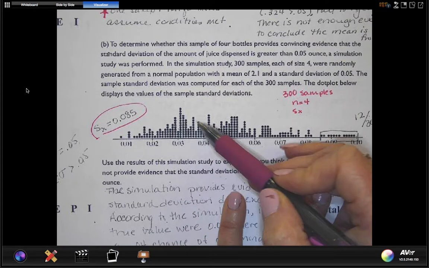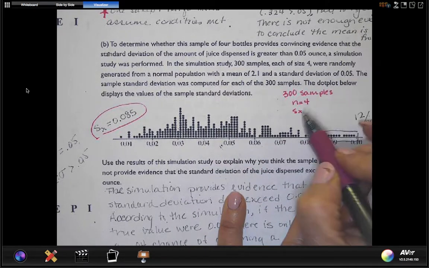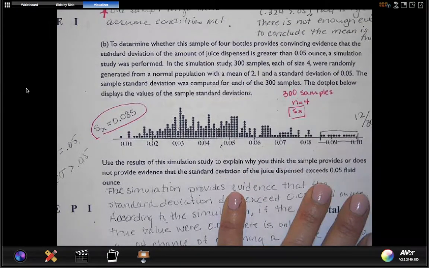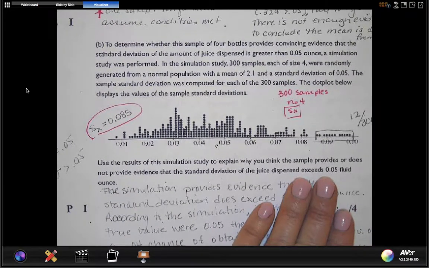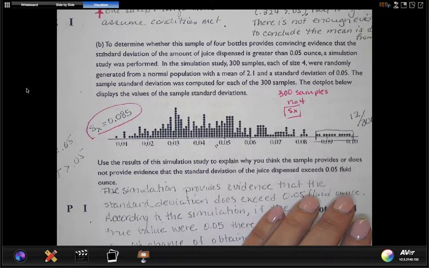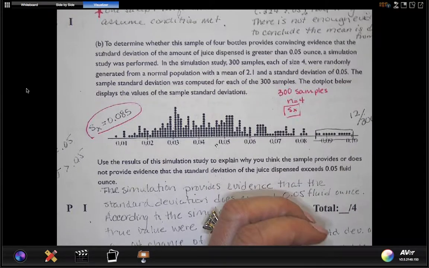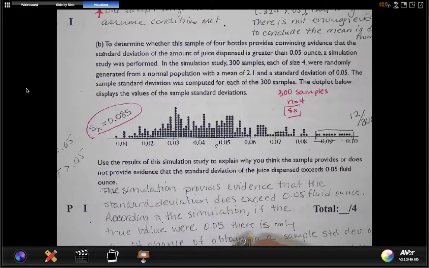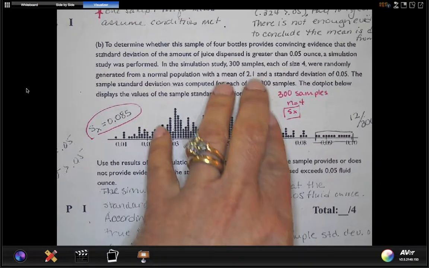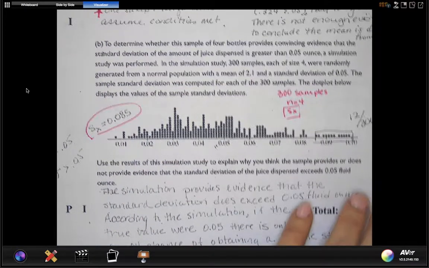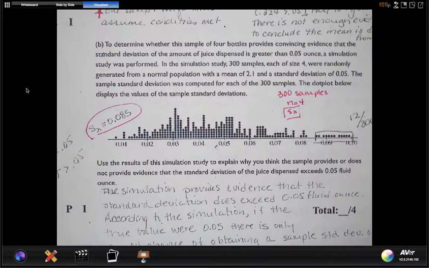So each of these dots here represents a different sx. This is just like what we did with the Reese's Pieces. Everybody had a cup, within that cup you all had a proportion of oranges, and we put all those p-hats together. So this is doing the same thing, but using software as opposed to simulating it by hand.